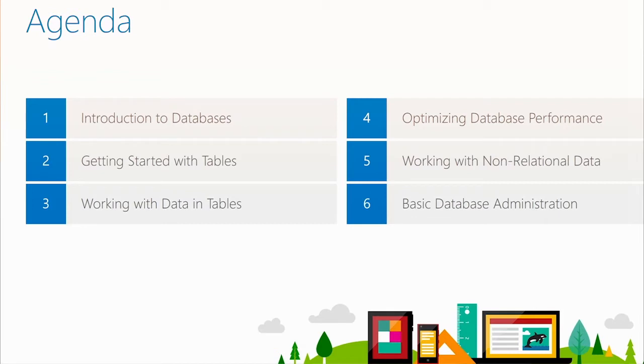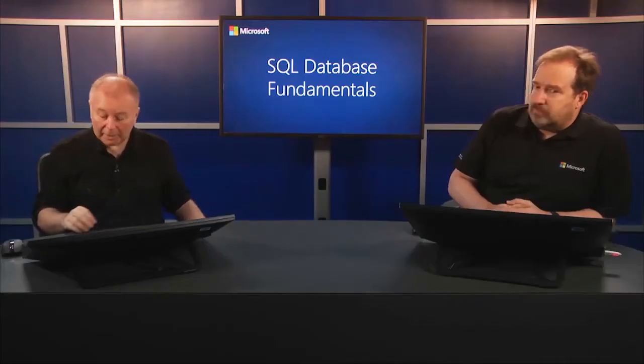We'll get into topics like indexes and other things that are used to optimize databases. We'll talk a little bit about different data types that are native to SQL Server and relational databases, and then we'll move into non-relational databases and other types of data that we might store. And then we'll finish up with a brief look at the kinds of things that a database administrator, or a DBA, performs on a regular basis. Graham?